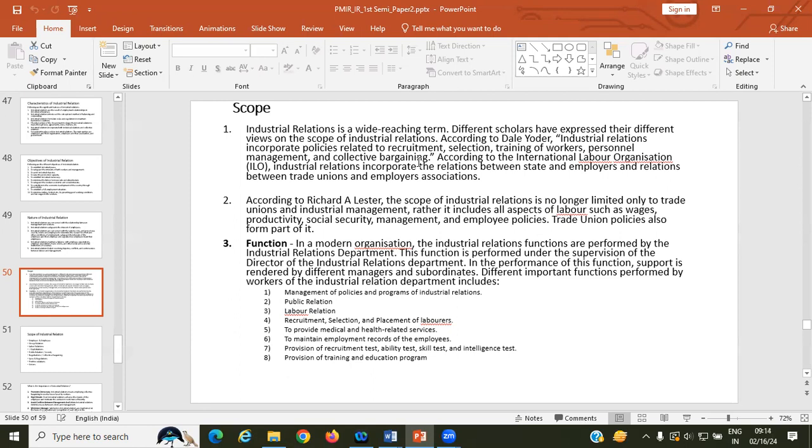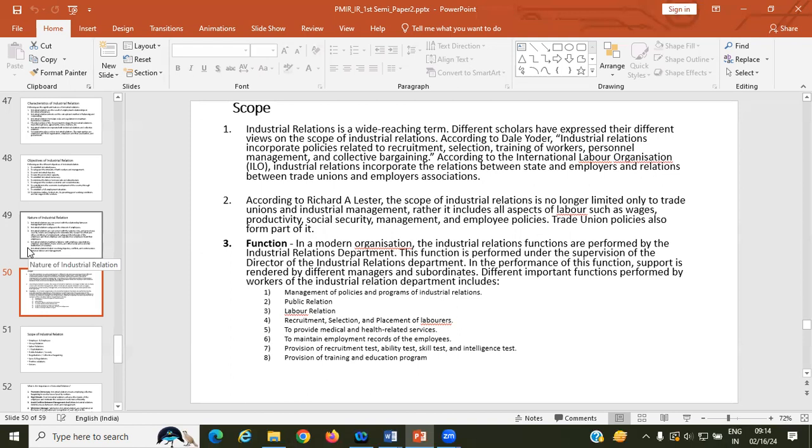Once you remember the functions, you will understand the scope. These are the people mainly related to industrial relationship, impacted by the relationship, or influenced by the relationship.